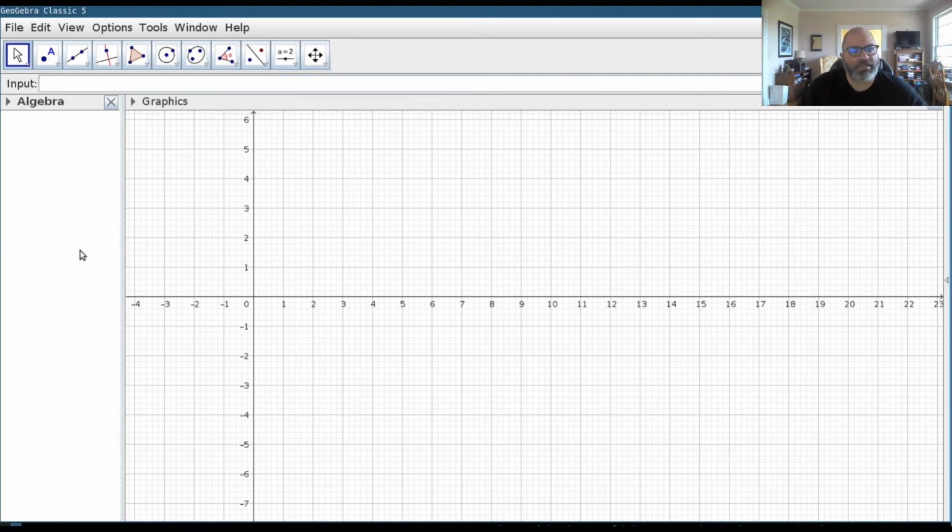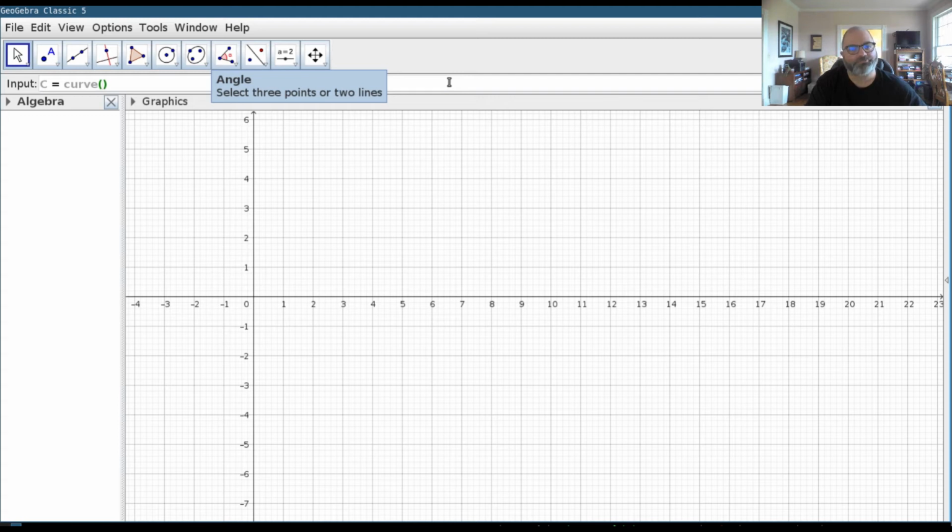So let's create a parametric curve in 2 dimensions. Let's say we've got a curve C, and let's make it a little exotic.